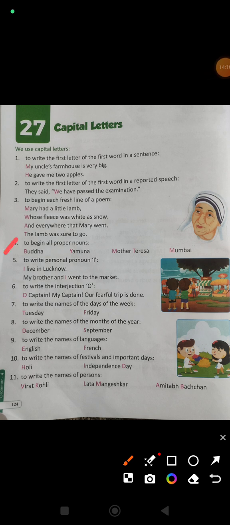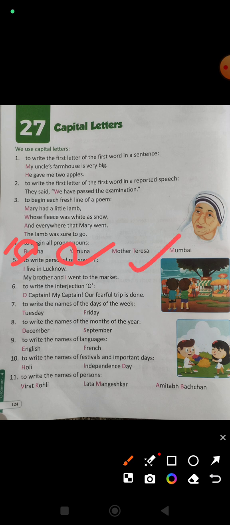Rule number 4. Again, always use a capital letter to begin all proper nouns. You can see the first example, Buddha, and they make the B capital. Then second, Yamuna, again in this Y is capital.